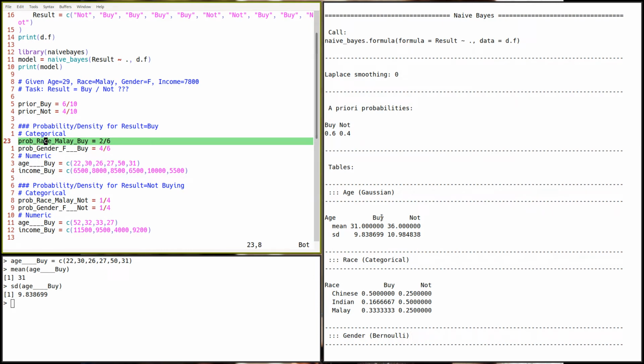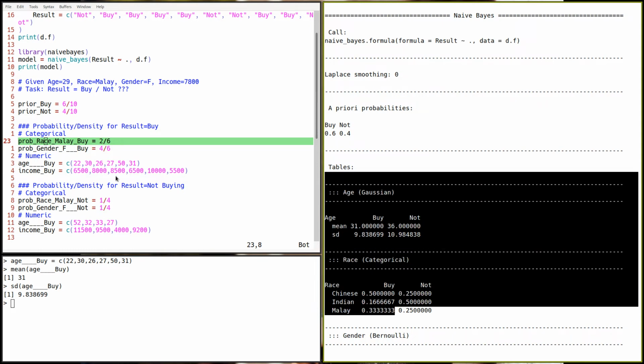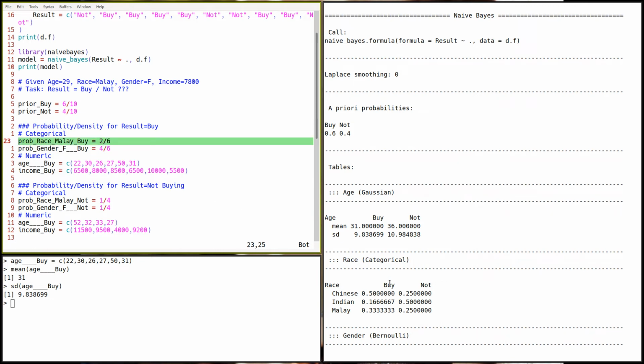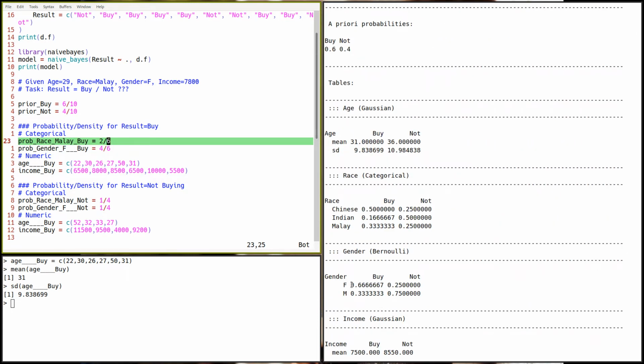For buying, if it's Malay, it's 1/3, which is equivalent to 2/6. If it's female, look at the gender, female is 4/6, which is equivalent to 2/3, right? So no issue.